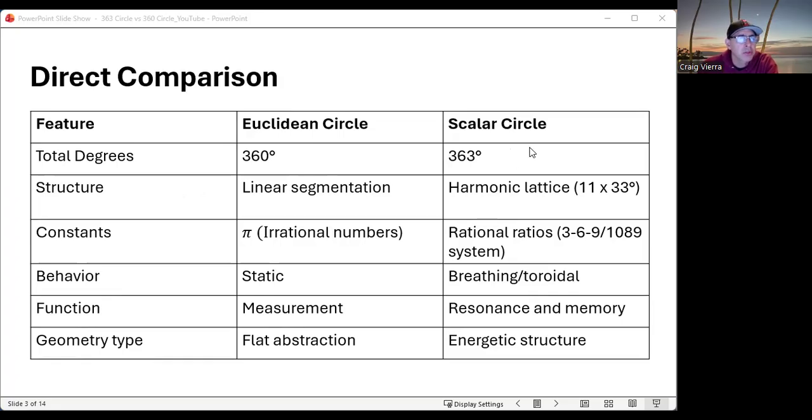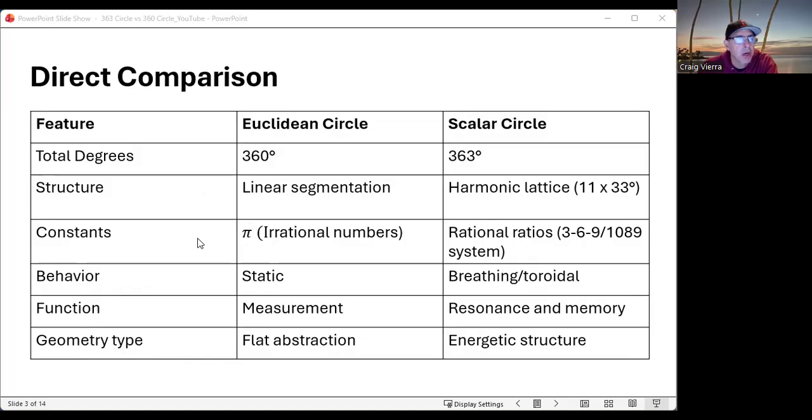The scalar circle can be divided into 11 intervals. This is our primary system, with each interval being 33 degrees. I will show you a schematic of that if you're not familiar with it.